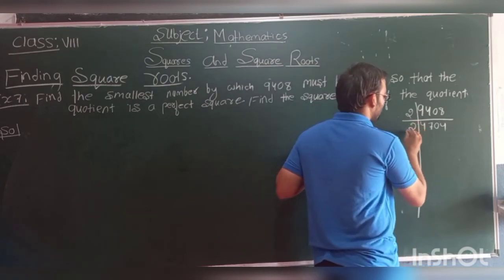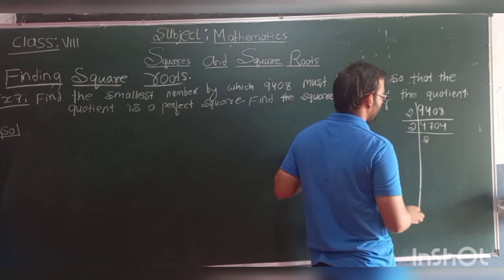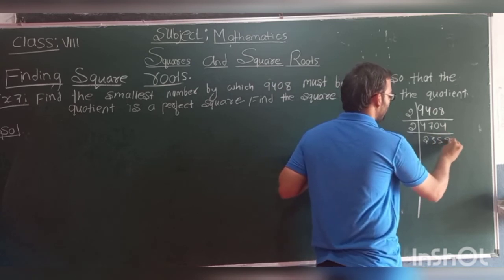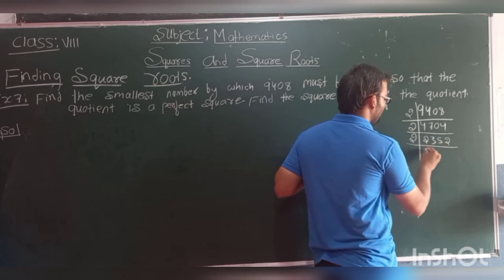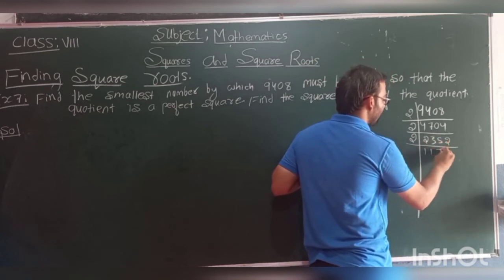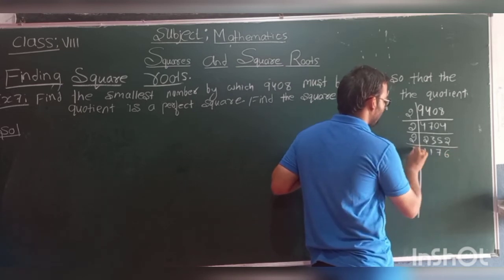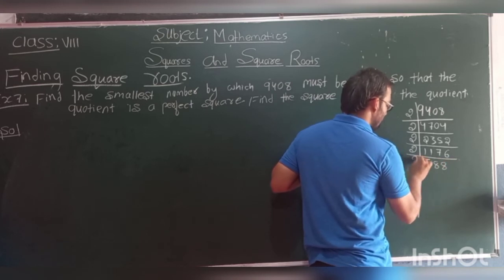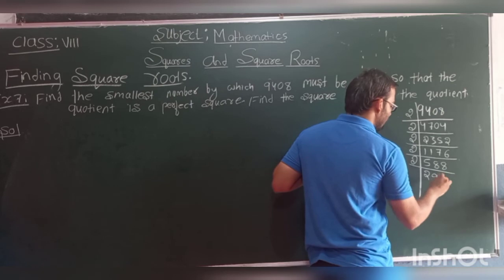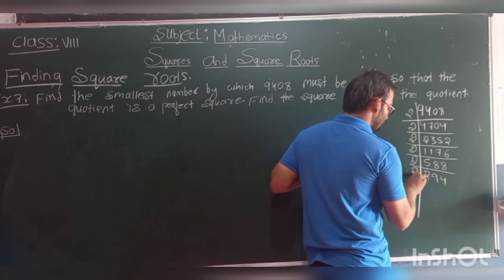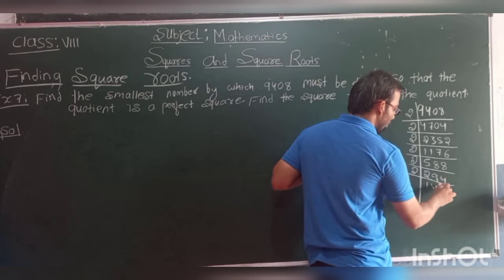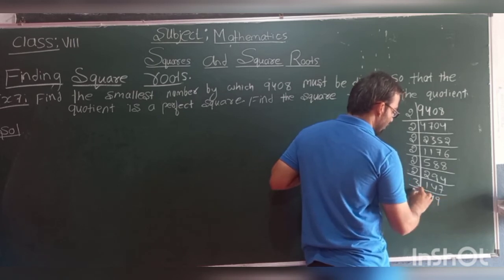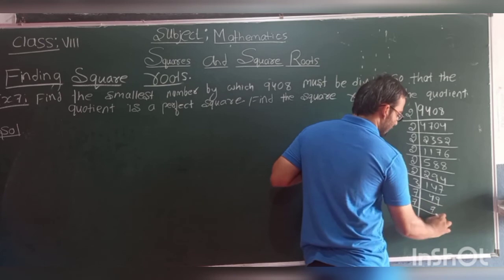Now 2 2s are 4, 2 3s are 6, 1 remains, it will become 10, 2 5s are 10, 2 2s are 4, again 2 1s are 2, 2 1s are 2, 1 remains, it will become 15, 2 7s are 14, 2 6s are 12, now 2 5s are 10, again 2 8s are 16, 2 8s are 16, 2 2s are 4, 2 9s are 18, 2 4s are 8, 2 1s are 2, 2 4s are 8, 2 7s are 14, 3 4s are 12, 3 9s are 27. So 7 7s are 49 and 7 ones are 7.